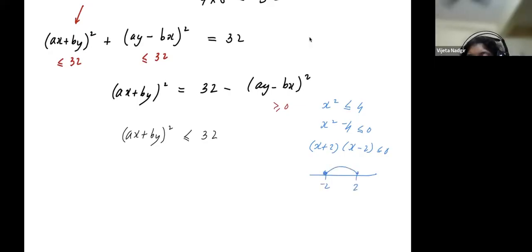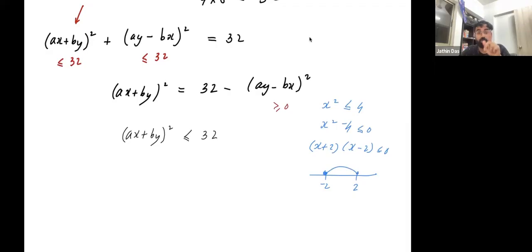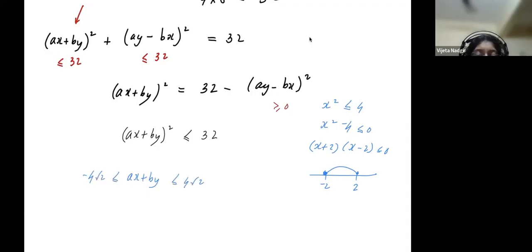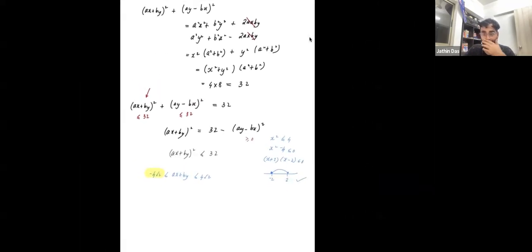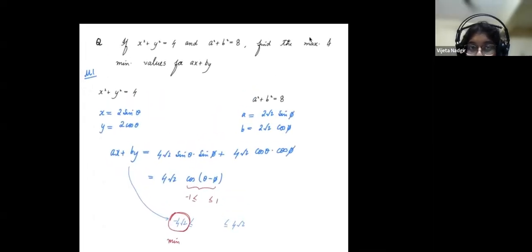Remember? So what is the square root of 32? 4 root 2. Okay. So ax plus by will be between minus 4 root 2 and 4 root 2. Just like this concept. So the minimum value is minus 4 root 2.